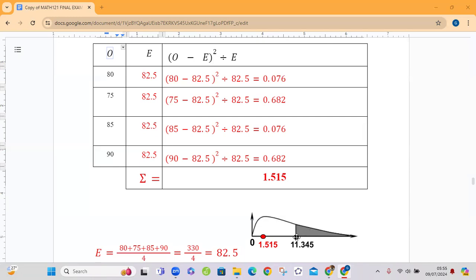So now we have the critical value on the critical point, and the test statistic, which is 1.515, is closer to 0. So as you can clearly see, the test statistic is not in the critical region.